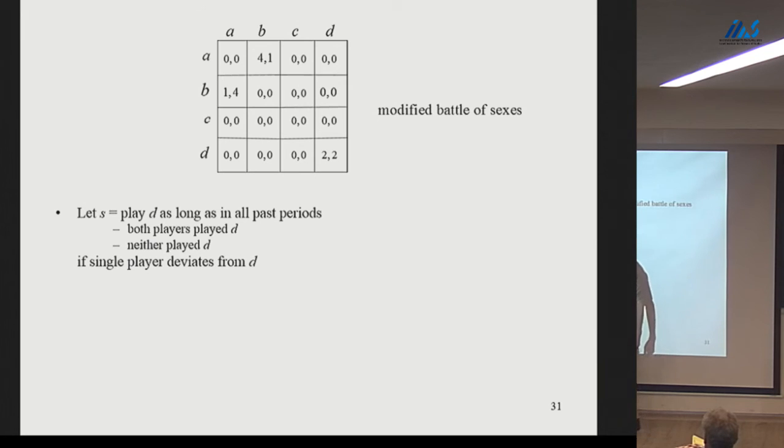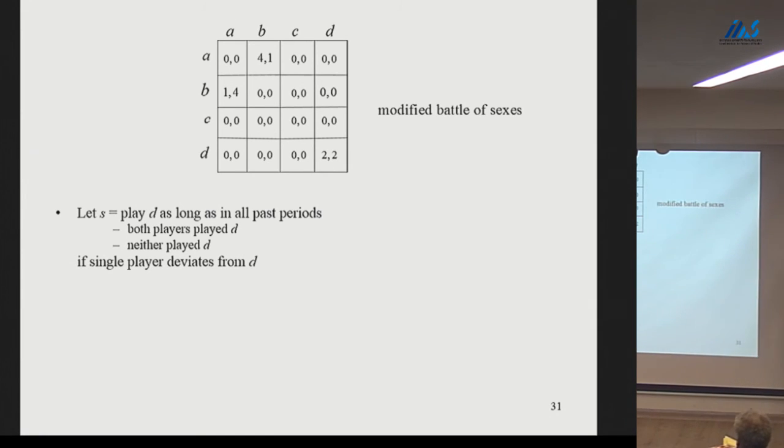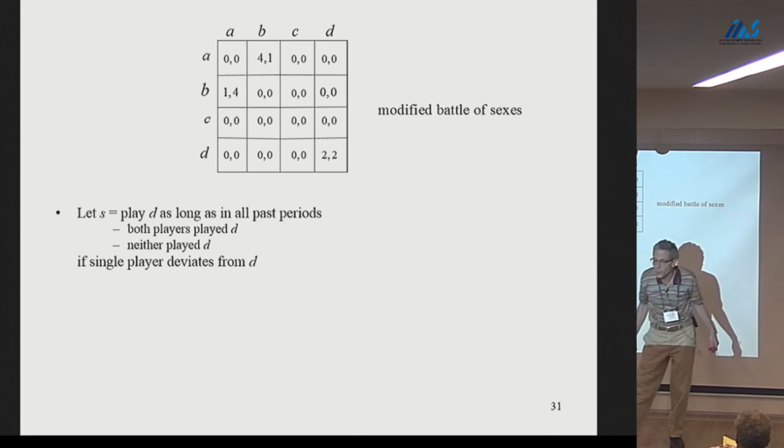That's strongly efficient. If player 2 deviates, go here forever. That strategy S cannot be invaded. And the reason it can't be invaded is because the punishments themselves, going here or here, are themselves strongly efficient.